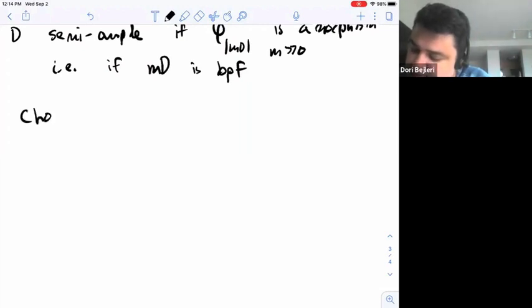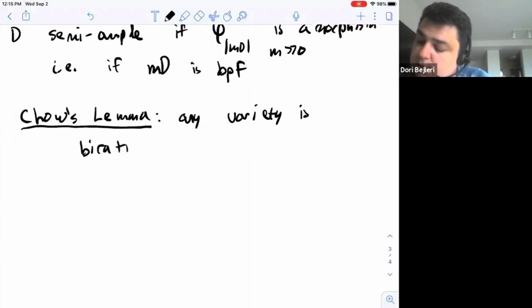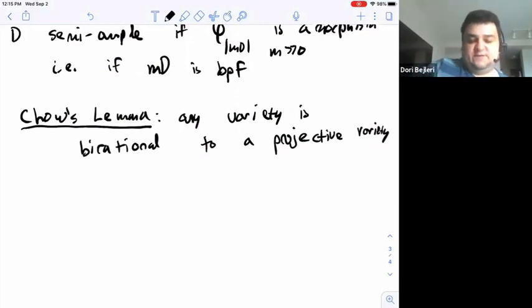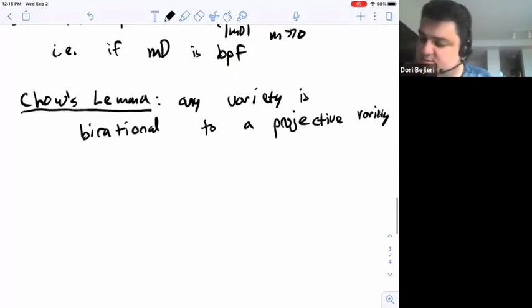So the first one is Chow's lemma, which basically says any variety is birational to a projective one. So for this classification problem, we might as well only work with projective varieties. And this is not too hard, but I won't cover the proof.